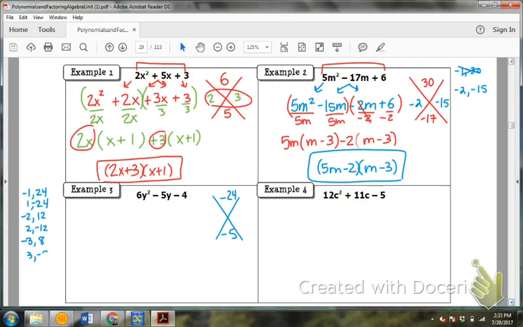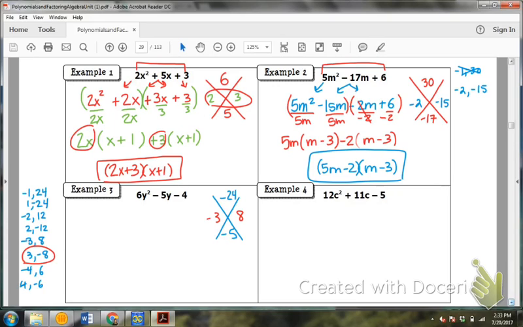You have to do it this way. 24 divided by 4. And then which of these pairs makes negative 5? Which of those pairs makes negative 5? Natalie? Negative 8 and 3. Those are your two numbers you're going to use.